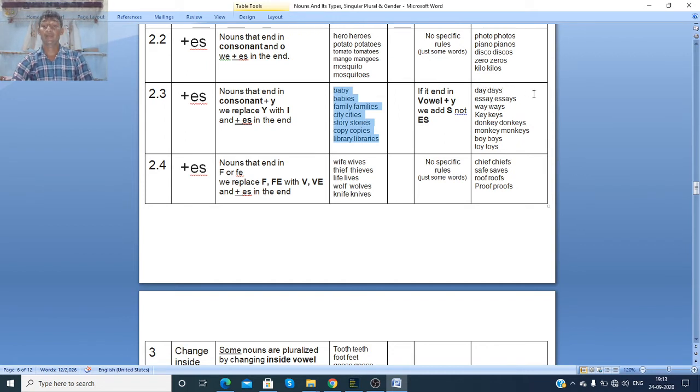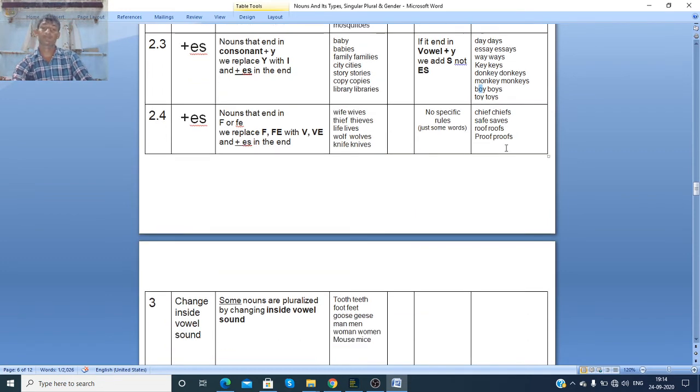Day will become days: A is a vowel and then Y. Essay will become essays. Way will become ways. Key will become keys. Donkey will become donkeys. Monkey will become monkeys. Boy will become boys. Toy, O is a vowel and then Y, will become toys.